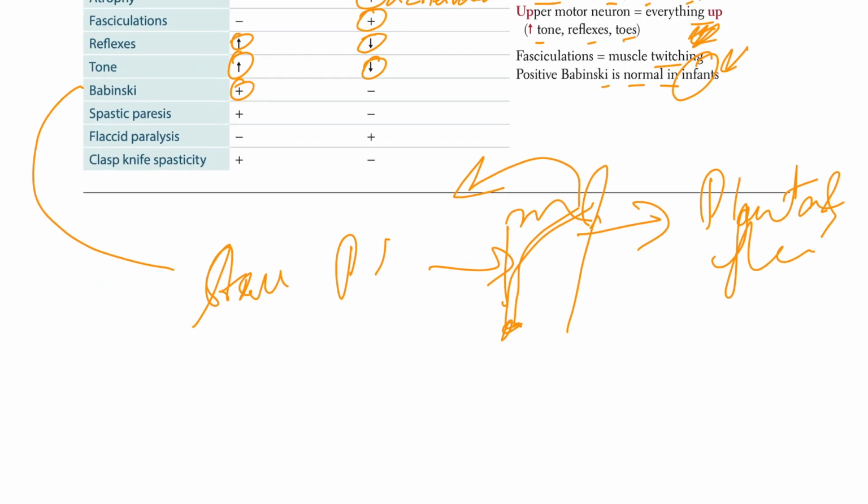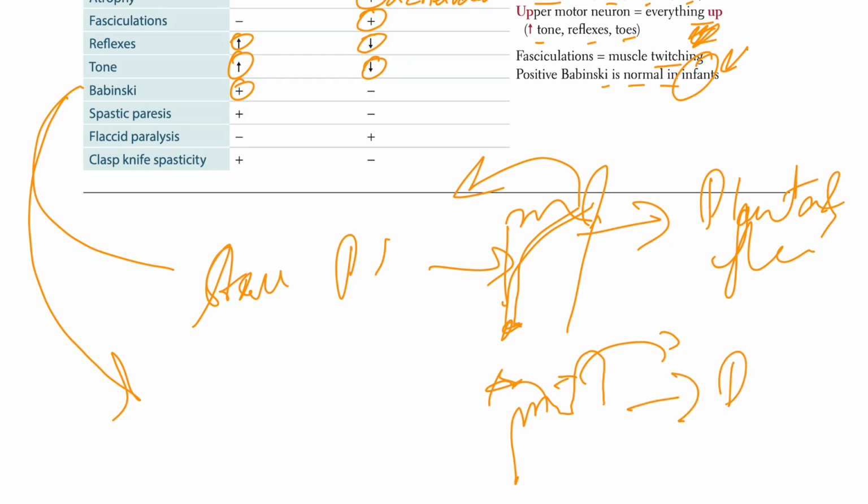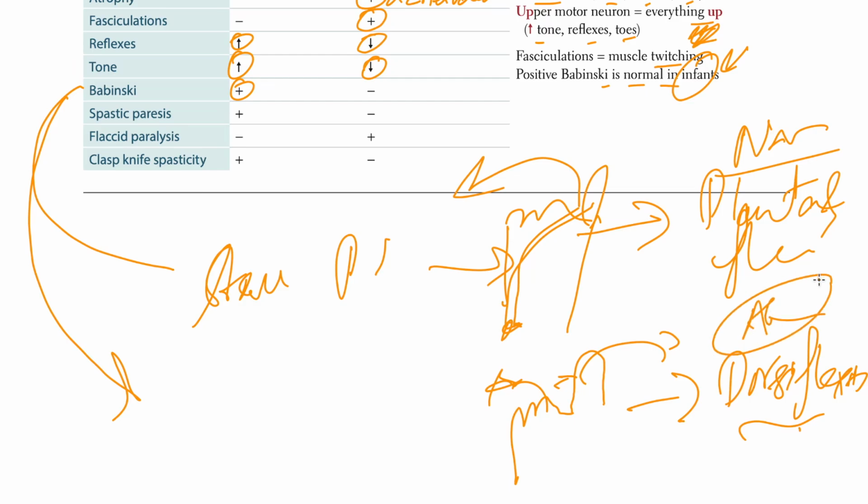But what's going to happen with Babinski is that instead of plantar flexion, they will fan out. Okay, and that's called dorsiflexion, upwards. They will fan out upwards, so the great toe would bend upward. That's the dorsiflexion. So normal is plantar flexion, abnormal is dorsiflexion.